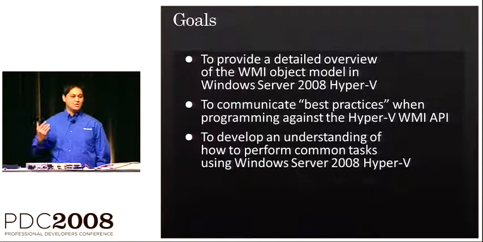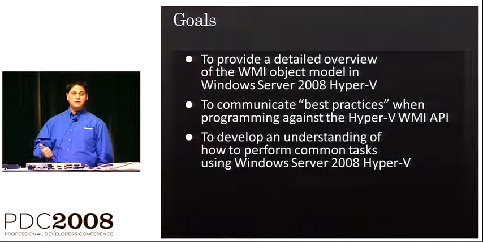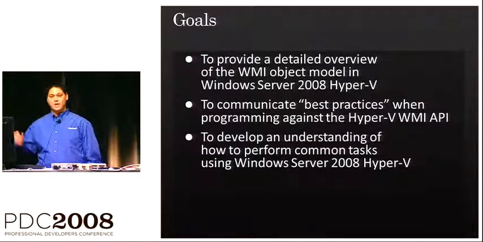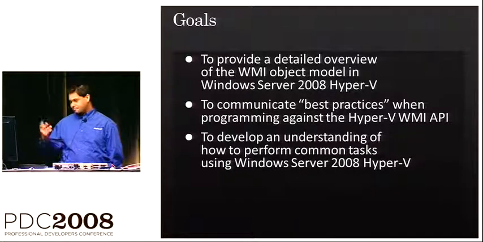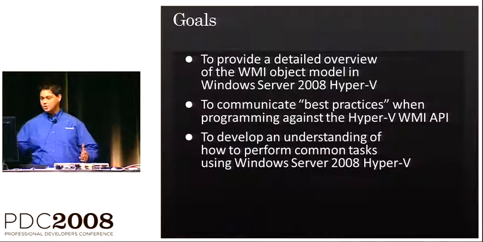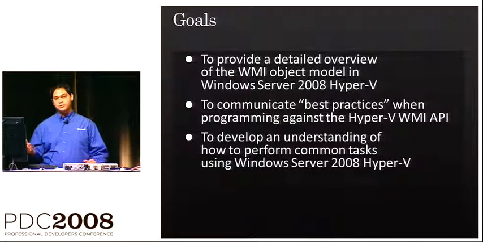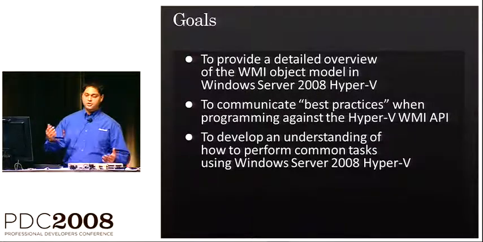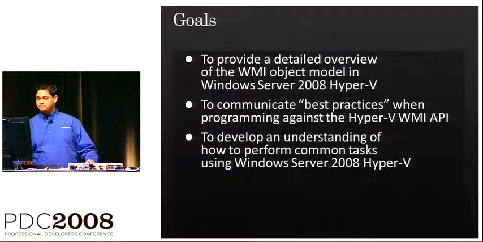How am I supposed to actually use it in order to get better performance out of it, better scalability out of it, and really just what is the right way, so to speak. And also, hopefully through the use cases, we'll get a better understanding of how to perform some of the common tasks that you're going to want to do using Hyper-V.